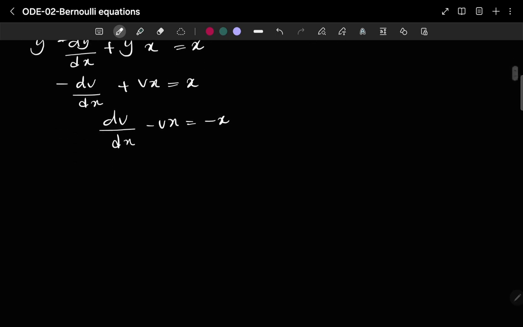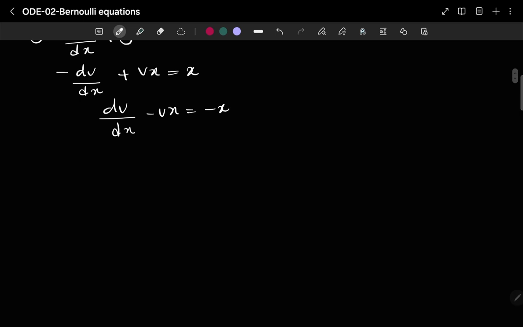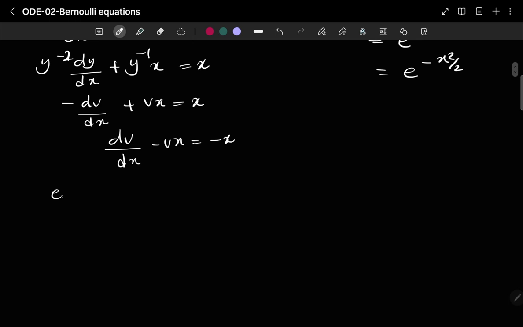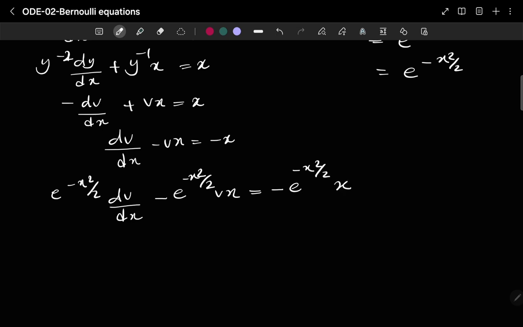Here this is in linear form, and we can check for the integrating factor. The integrating factor is e^(∫-x dx), which is e^(-x^2/2). Multiplying the whole equation by the integrating factor, we get e^(-x^2/2) dv/dx - e^(-x^2/2) vx = -e^(-x^2/2) x.